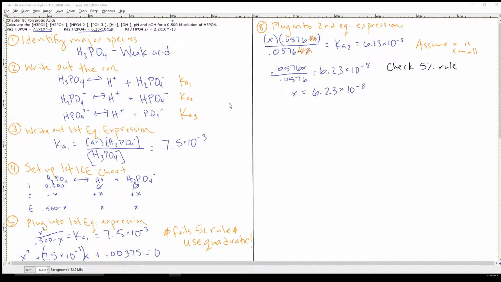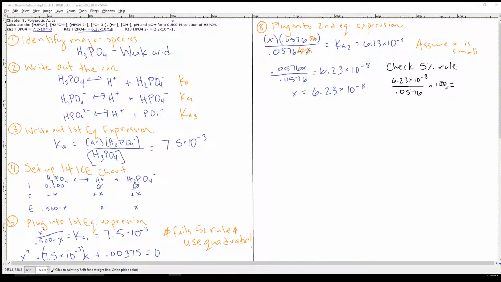So check my 5% rule. 6.23 times 10 to the negative 8 divided by what it's being compared to, 0.0576, times 100, is equal to, actually, I need to find out. One moment, please.